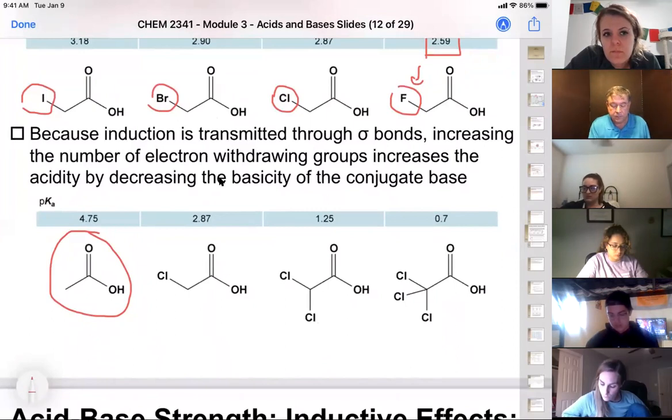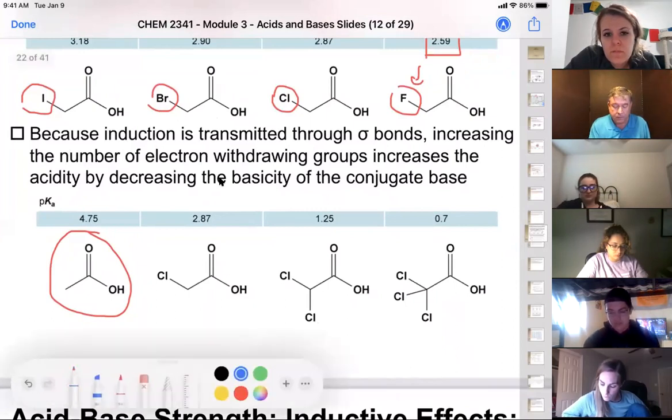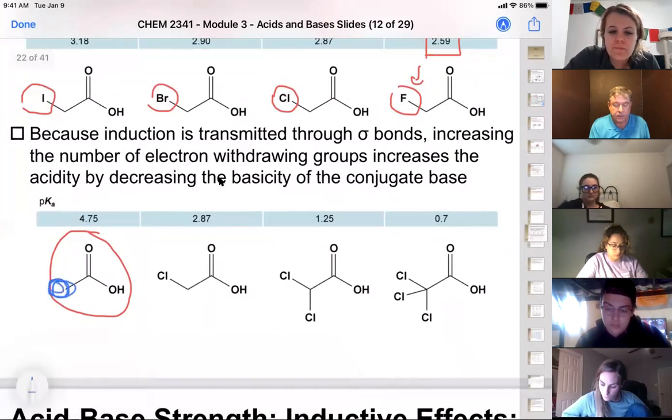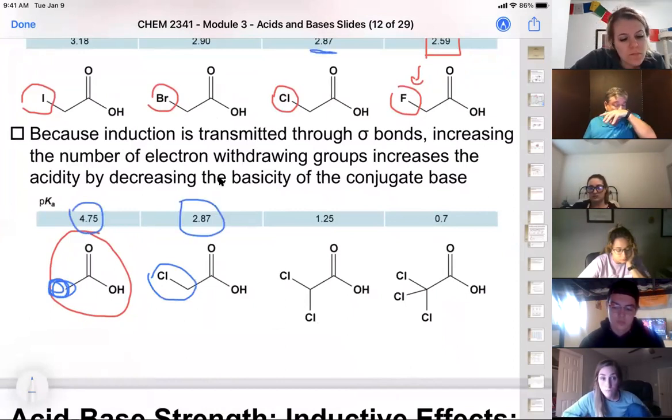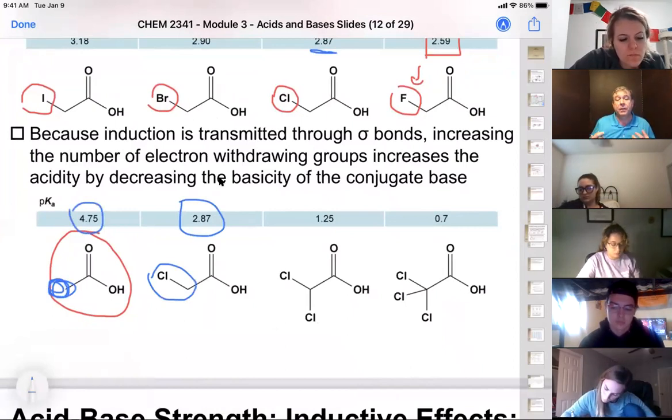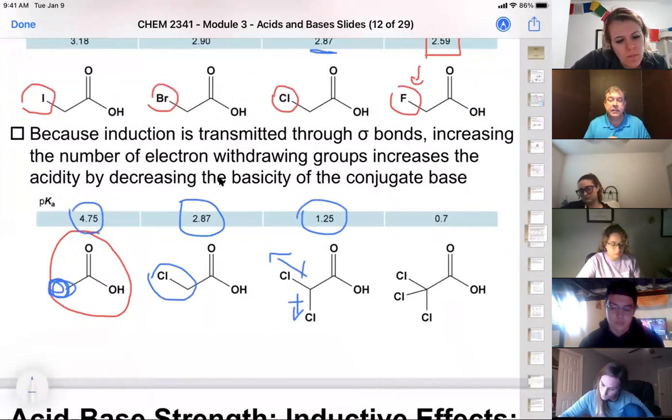So in this next one, we have just a hydrogen here. That's our baseline at 4. By putting 1 chlorine on there, which is the same as up here, you drop the pKa, you increase the acidity. Okay. But what happens if you add another one? You can now withdraw more electron density because you have 2 electron withdrawing groups here. And you drop the pKa and you increase the acidity.